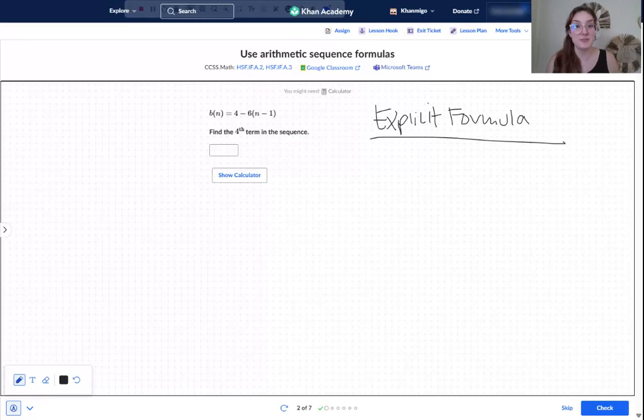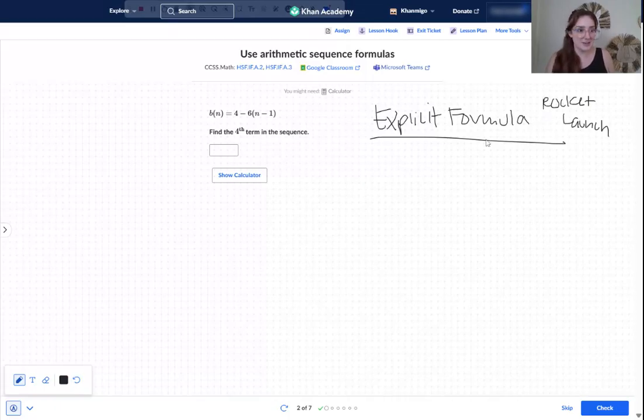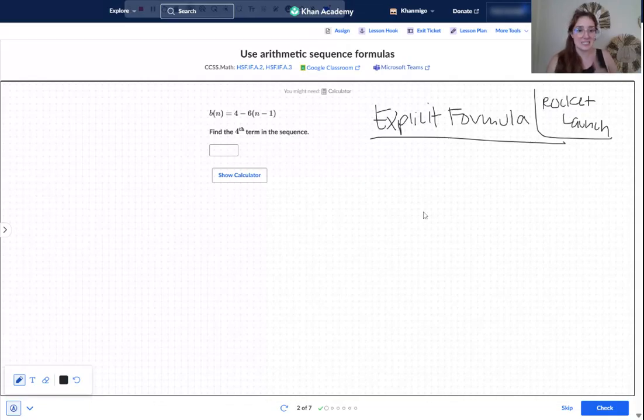Because could you imagine if we're finding like the 100th term or something and we just keep bunny hopping along? That would take forever. It's too much work. So explicit formula, rocket launches us. Rocket launch is our keyword. Light speed ahead.